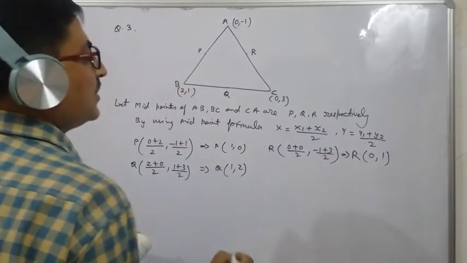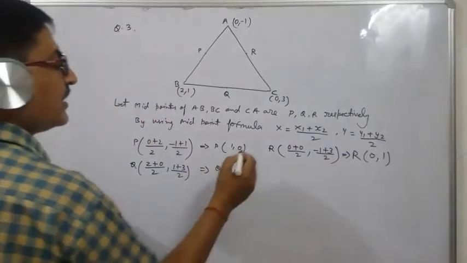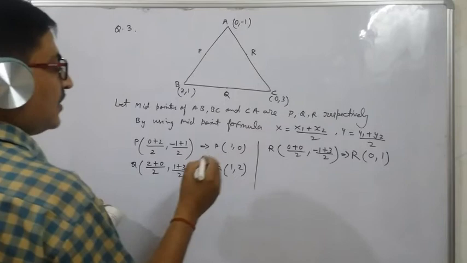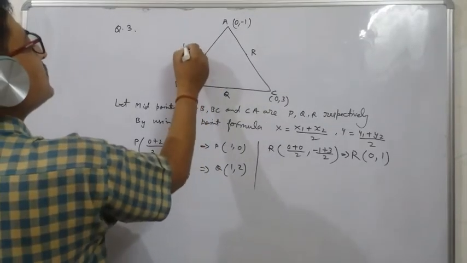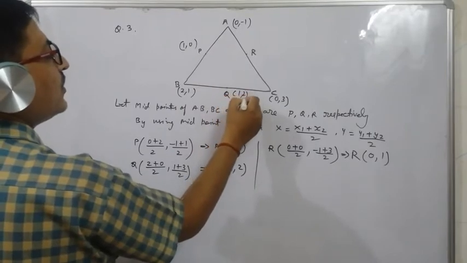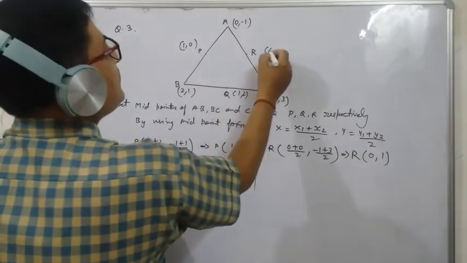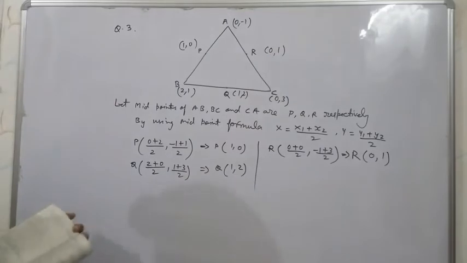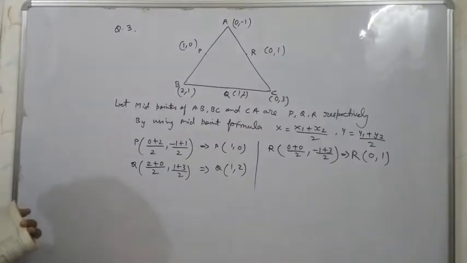R will be (0, 1). So we have got the PQR coordinates. P is (1, 0), Q is (1, 2) and R is (0, 1). These are the midpoints of ABC.